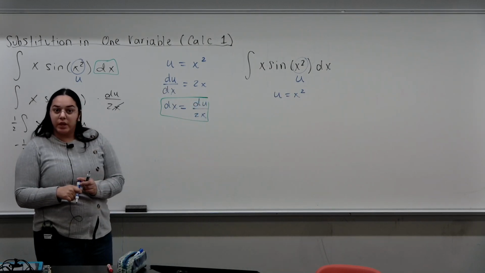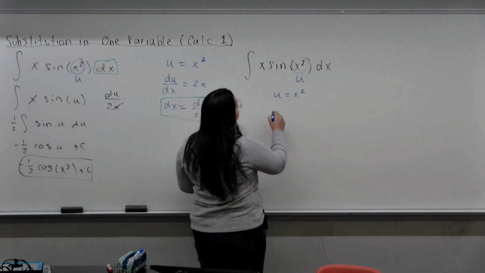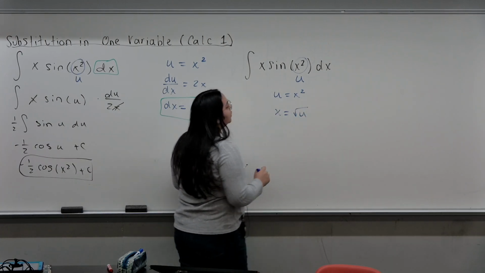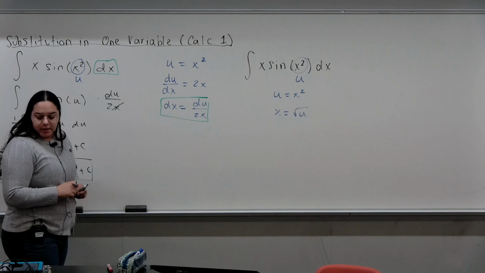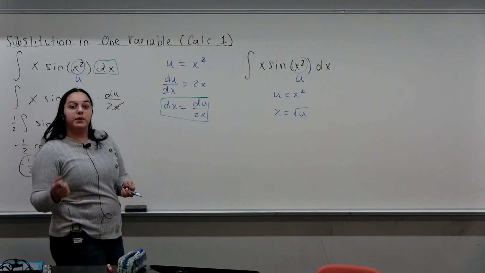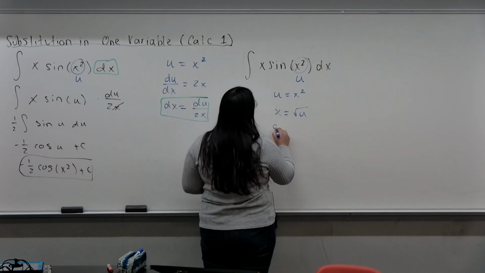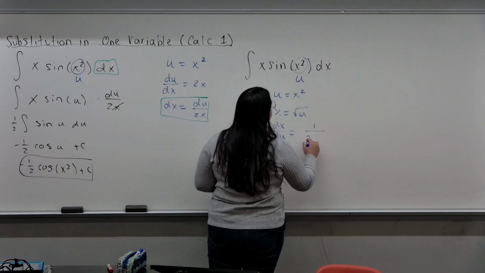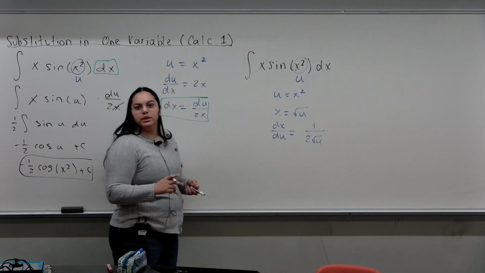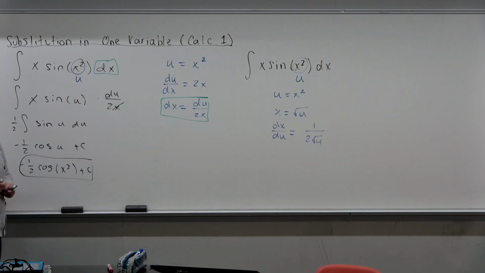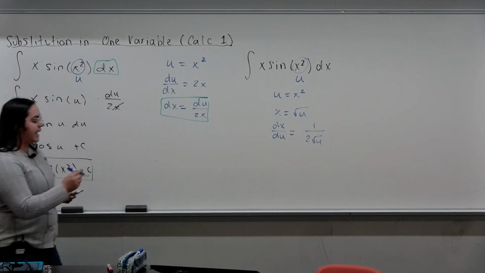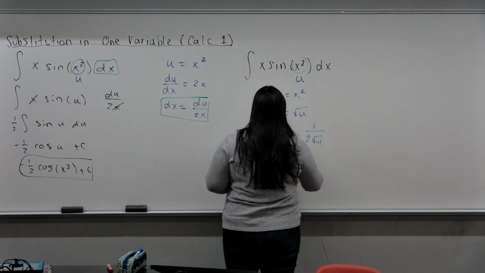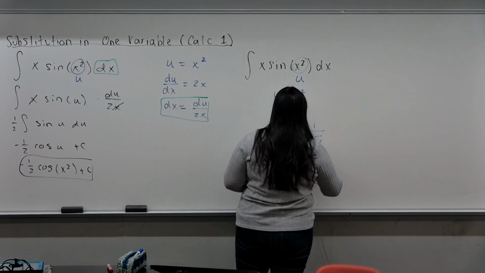But conversely, this also means that x is the square root of u if we solve for x. If we take a derivative of x with respect to u, dx over du is 1 over 2 square root of u. We know what the derivative of the square root of u with respect to u is. Then solving for dx, it's 1 over 2 square root of u du.